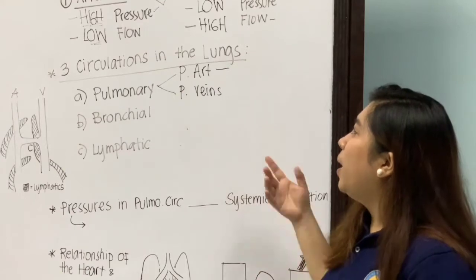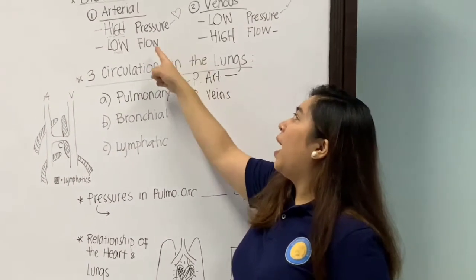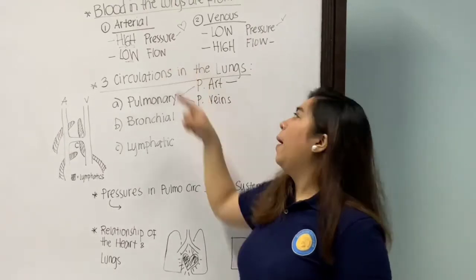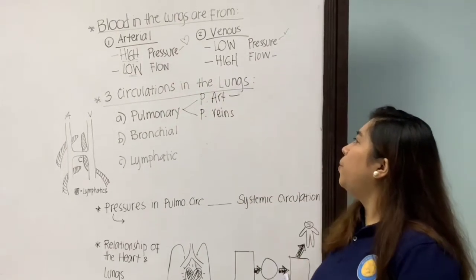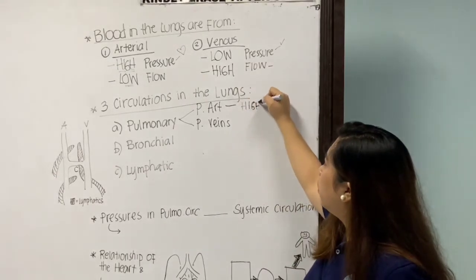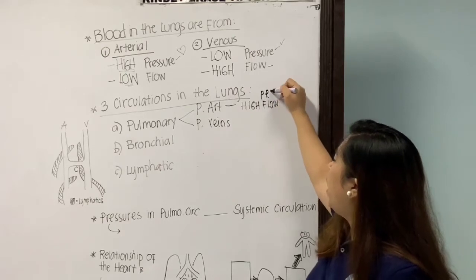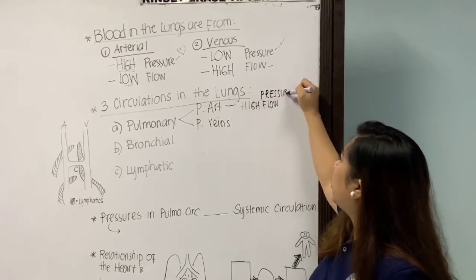So if we compare to earlier, your pulmonary artery should belong here, right? High pressure but low flow. But in this case, your pulmonary artery is high flow and also high pressure. So that's high flow and high pressure.